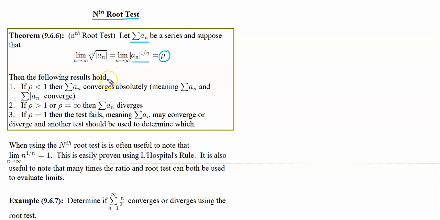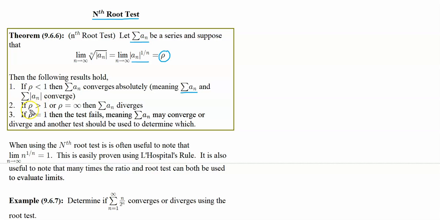Then the results that we have down here are exactly the same as the ratio test. If rho is less than 1, then the series converges absolutely, meaning that the original series converges as well as the series of the absolute values. That's a little stronger than just saying the series itself converges.